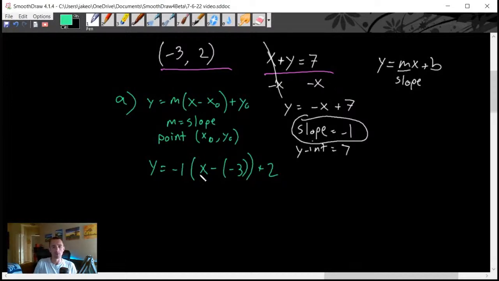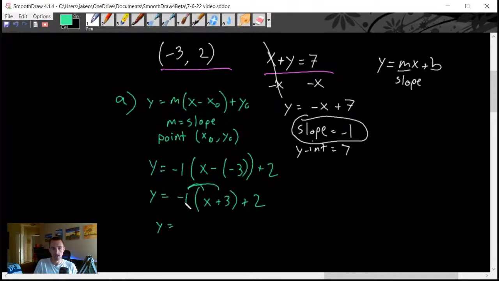Okay. So to do that, we want to first start by simplifying what's inside the parentheses here. So we have y equals -1 times x minus -3. These two negative signs are just going to cancel out, and we're just going to get x plus 3, and then plus 2 outside the parentheses. Then this -1 is going to distribute into the parentheses.